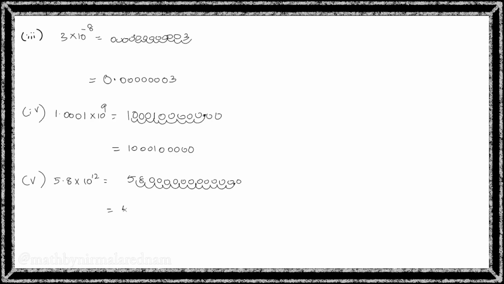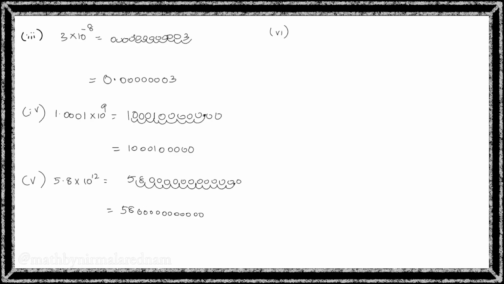Okay, so I'm going to write 5, 8, and I have 11 zeros. If you count carefully, you're going to have 11 zeros. Right. Next question.